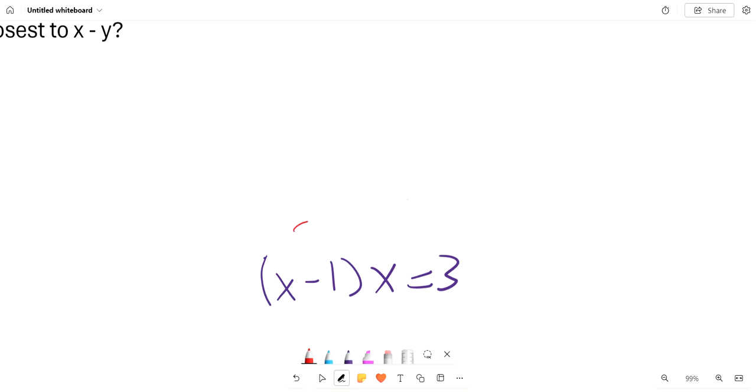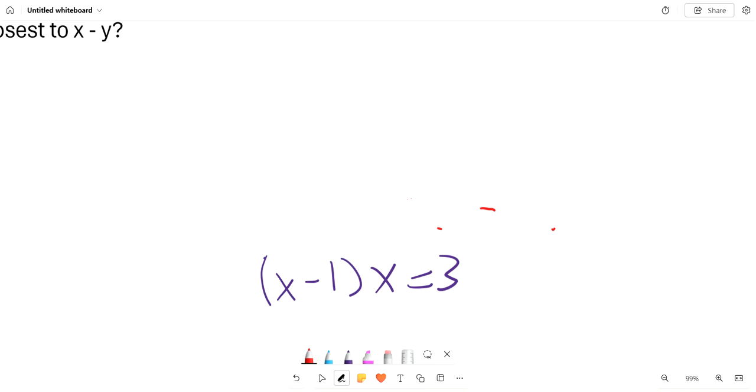So if x was 2.5, it'd be 2.5 times 1.5, which is too big, because this is equal to 3.75. And we end up with 2.3 times 1.3, which is equal to 2.99, which is really, really close to 3.